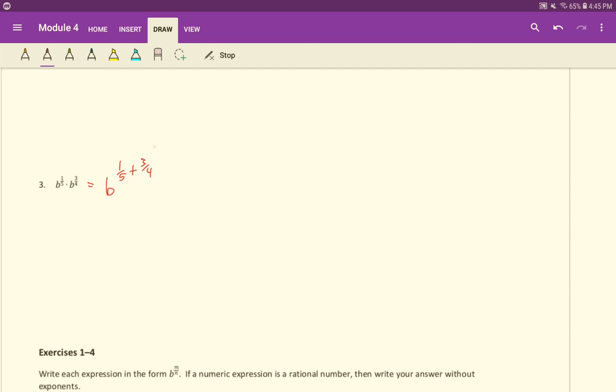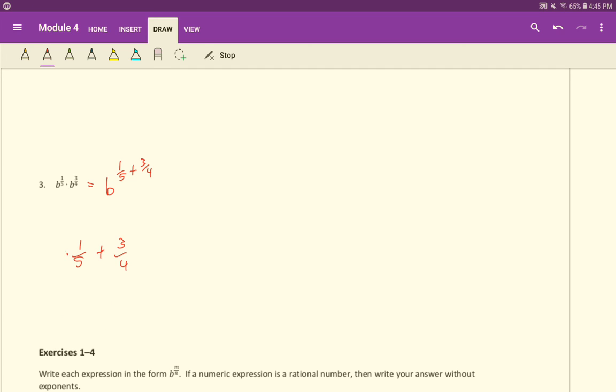Now we can simplify this. Let's do that side work down here. To add fractions, you need common denominators, right? So we have a 5 and a 4 here. What's the least common denominator going to be? Well, the multiples of 5 are 5, 10, 15, 20. Multiples of 4 are 4, 8, 12, 16, 20, and aha, we can see they both have 20 as a multiple.